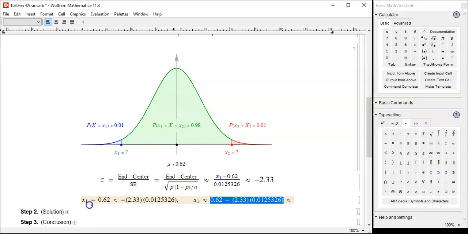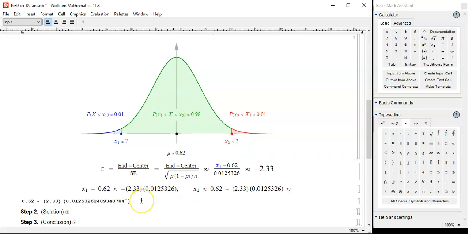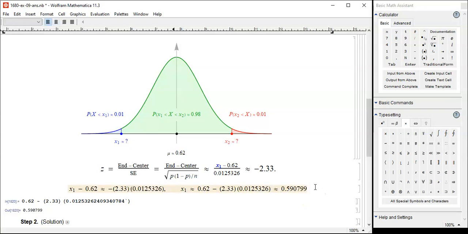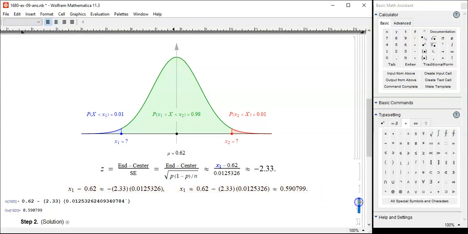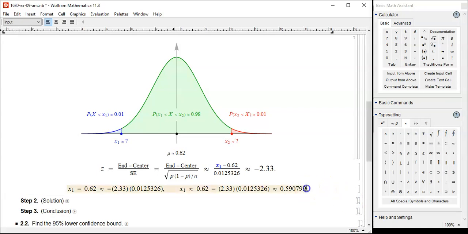You can punch all these in your handheld device, but let me save time. I have Mathematica with me here, so let me just copy and paste and find out like this. And there is my lower bound: 59.08% approximately speaking, 0.590799. So that's this one.